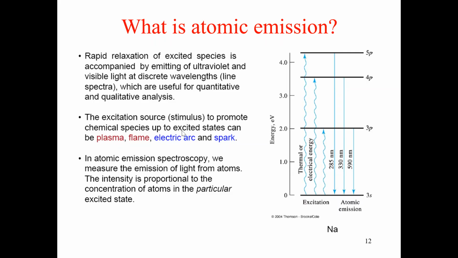The excitation source, as we have said, the stimulus, is to promote the chemical species up to the excited states. You can do that thermally or electrically. It can be by a plasma, or by a flame, or by an electric spark or an electric arc, thermal or electrical. In atomic emission, we measure the emission of light from atoms.